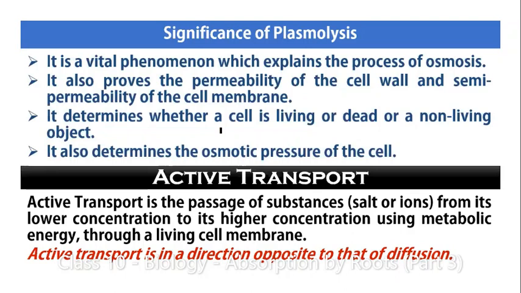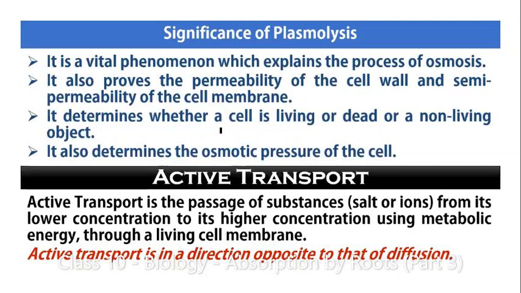Now we come to another phenomenon of absorption of water, that is, the utilization of energy. As we have said, this is an active process. We call it active transport. In active transport, substances like salts or ions move from a region of lower concentration to a region of higher concentration by utilizing metabolic energy.